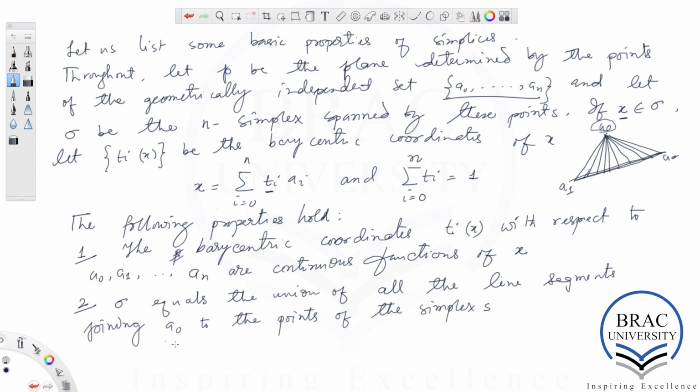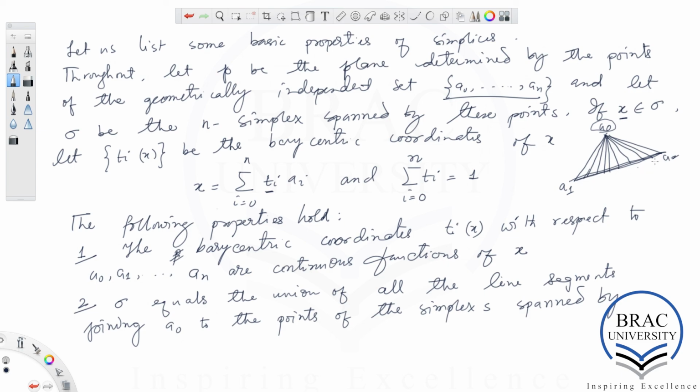So in general we get line segments joining A0 to the points of the simplex S spanned by all the points except for A0.